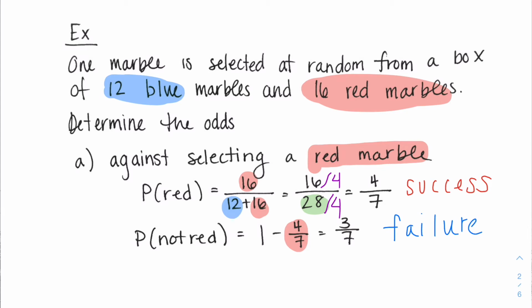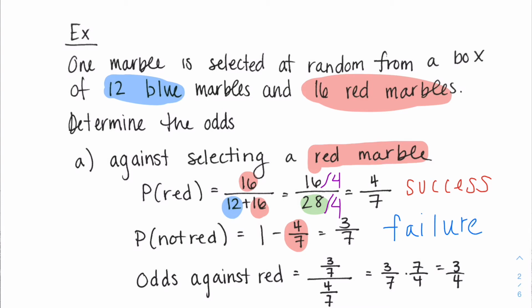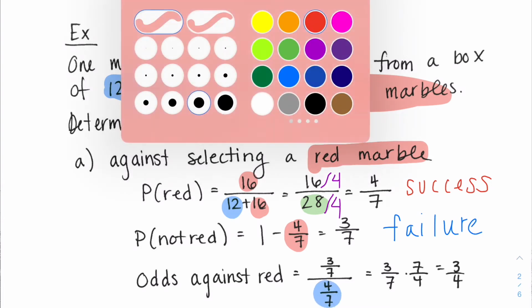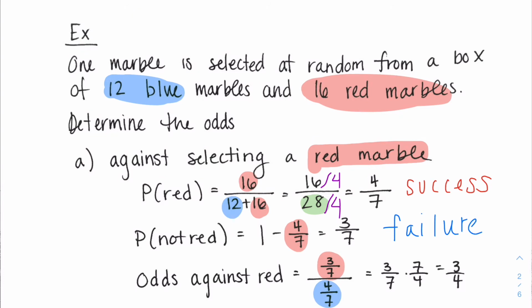So our odds against selecting a red marble are going to be the reciprocal of these 2. So the probability of success divided by the probability of failure. So success is a red marble up top, failure is a blue marble on the bottom. Same thing again, when you're dividing by 4 over 7, it's the same thing as multiplying by the reciprocal, so the 7's cancel, and you get 3 over 4.